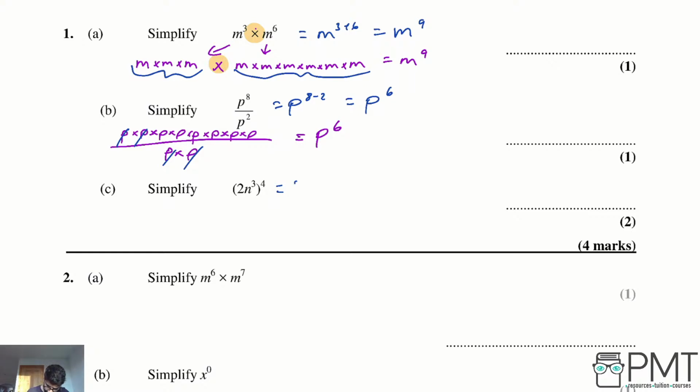Because this is 2 times n cubed, all to the power of 4. The first thing to remember is that when you have expressions like this, the power belongs to both of the terms. So this is the same as 2 to the power of 4 times n cubed to the power of 4.